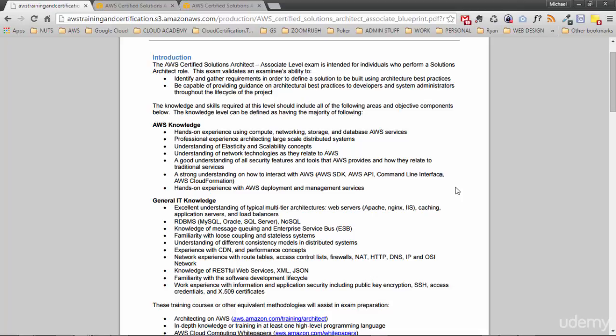Know it's there, know what it's used for, but in my experience, and they may change that at a future date, as it stands now, as I'm recording this course, I would tell anyone who's taking the exam, don't stress too much about the command line interface structures and things like that. In addition to that, CloudFormation, similar thing.